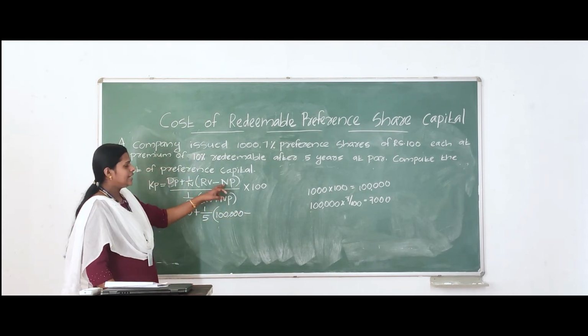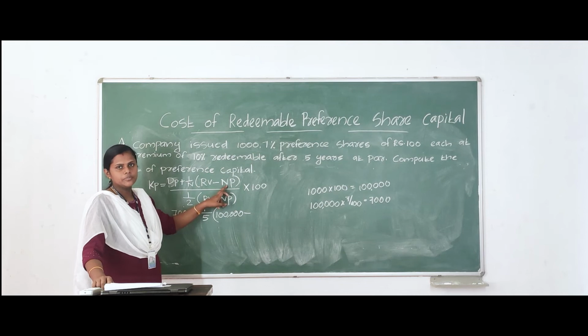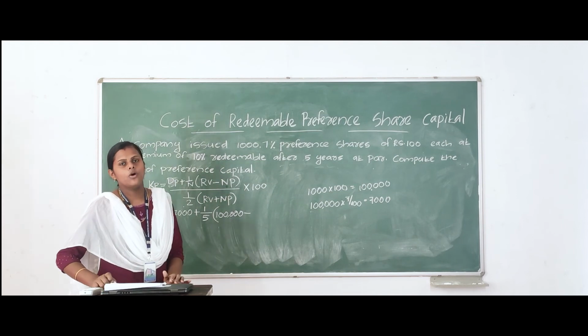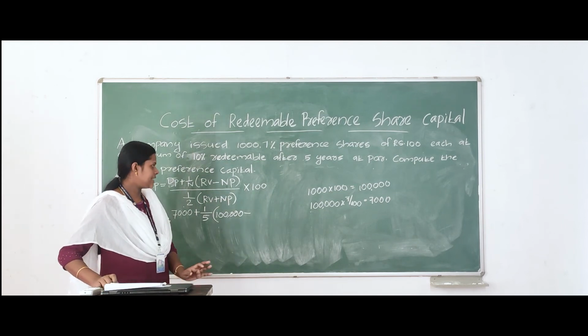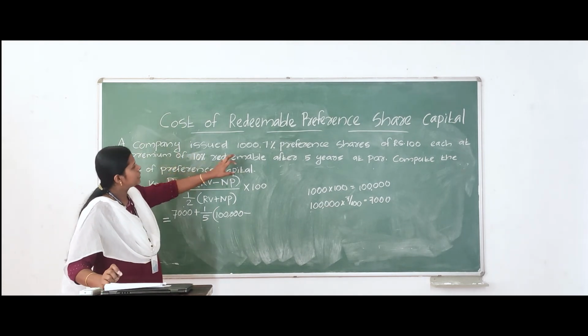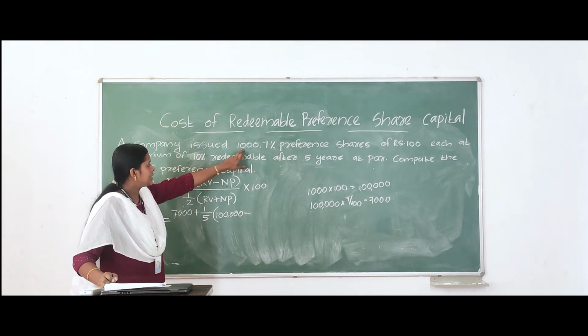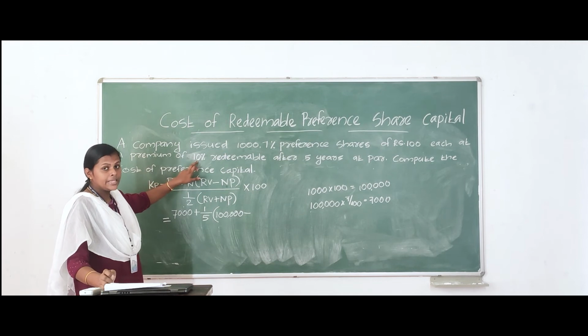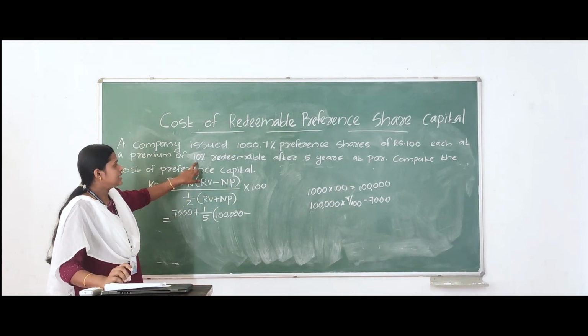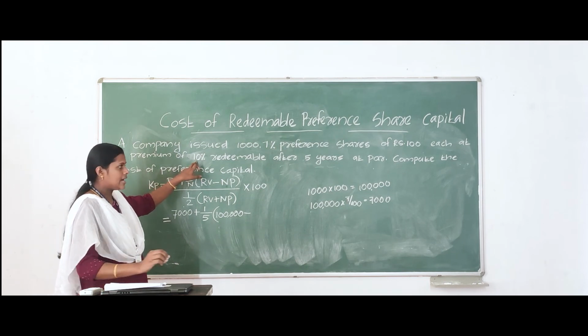Minus net proceeds. Net proceeds means net proceeds from the issue of shares, and if there is any flotation cost, it should be deducted. So here net proceeds means the issue, that is 1,000 shares are issued at a premium of 10%. The face value is rupees 100 and 10% should be added.